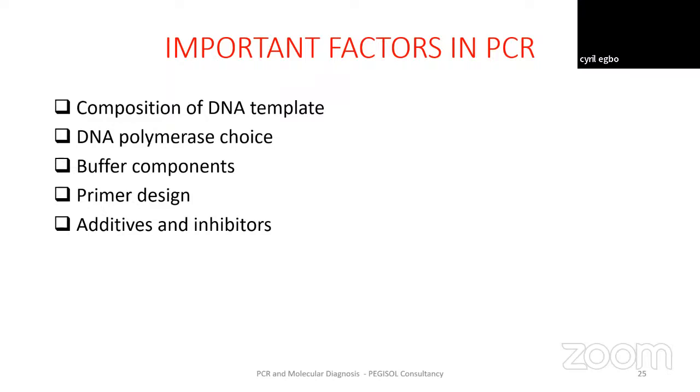The second one is the DNA polymerase choice that you take. Another one is your buffer component. Another one is your primer design. Another one is the additives or inhibitors. For instance, during the preparation, I said for you to achieve PCR, you need to prepare master mix. I made mention of magnesium chloride, which is a kind of additive that tends to inhibit some processes too.